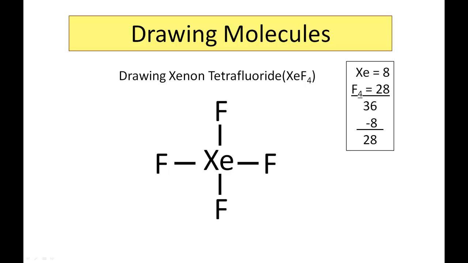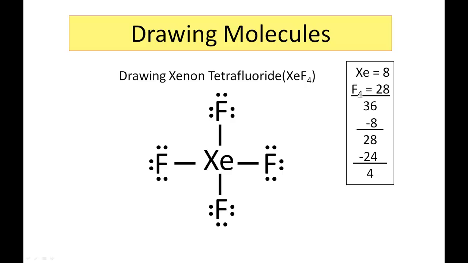If we subtract 8 from the bonds, we're down to 28. So we'll look and we see the first place we put them is around xenon until it has 8 electrons around it, which it already does, so we're going to skip that step. Then I'm going to put all the remaining electrons, or all 28, around the fluorines. But if you count how many we could put around the fluorines until their octets were full, we could only fit 24 electrons around the fluorine. So since we could only fit 24 electrons around the fluorines, we have 4 left over.